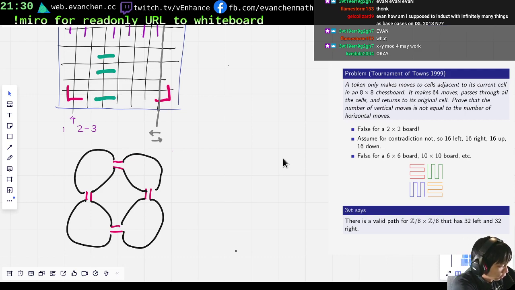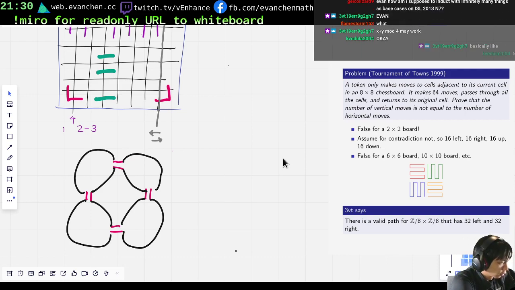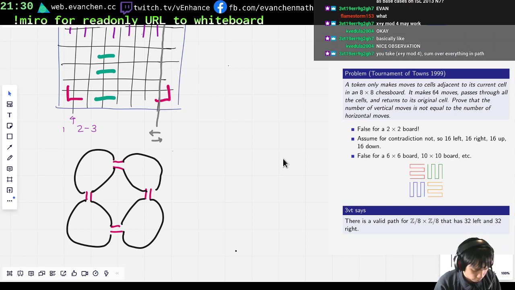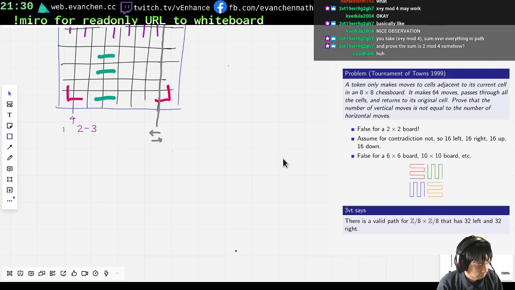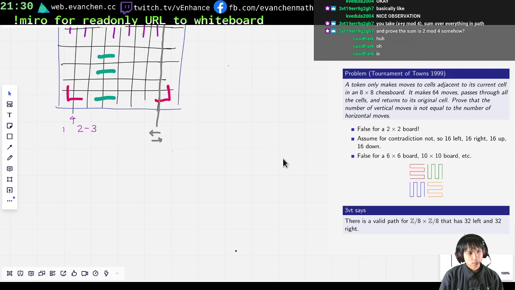How does it go? And prove the sum is 2 mod 4 somehow. I don't get it.